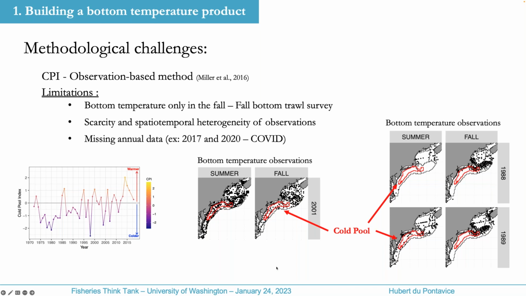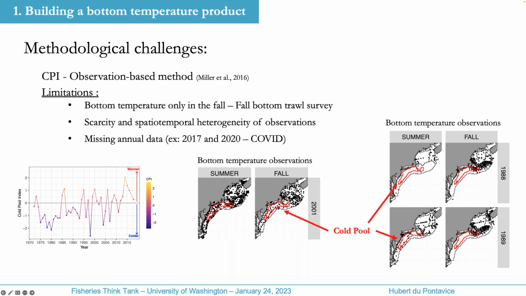As you can see on the maps here, in 2001, a lot of observations are available during the period and the area of interest, here and here. But in contrast, there is a low number of observations in summer and fall for several years. For example, here in 1988 and 89.